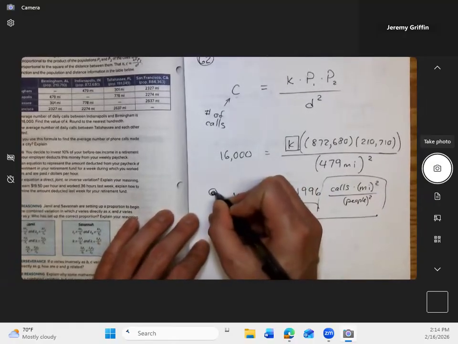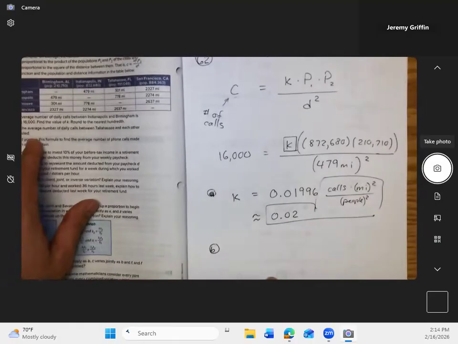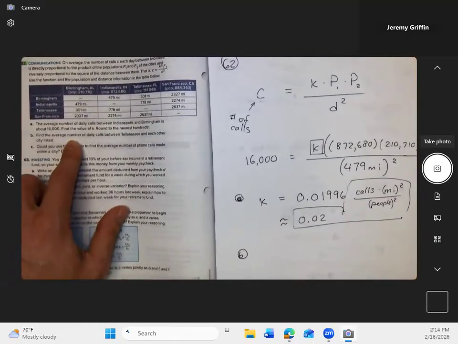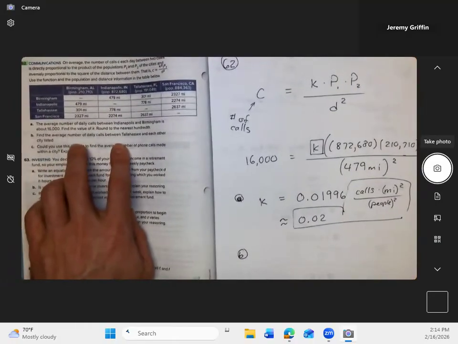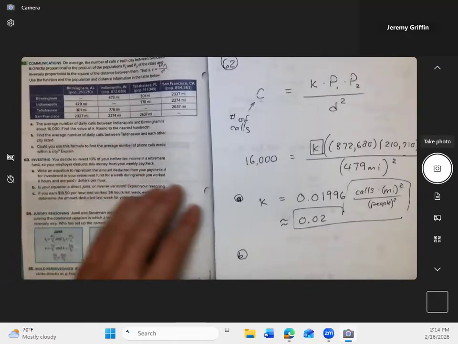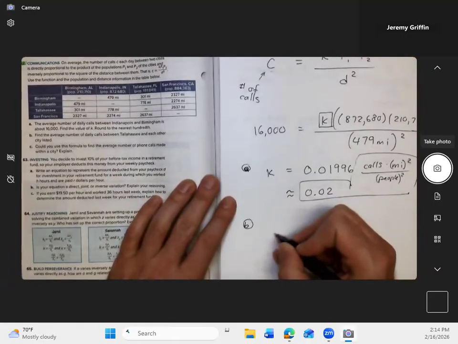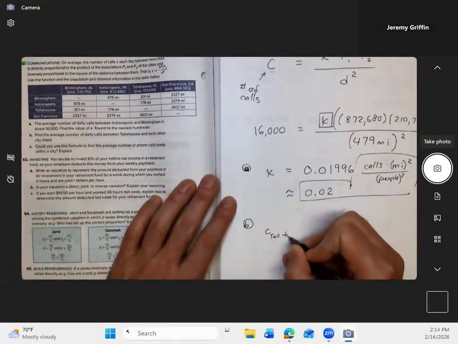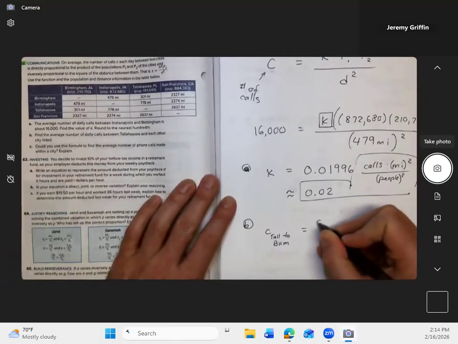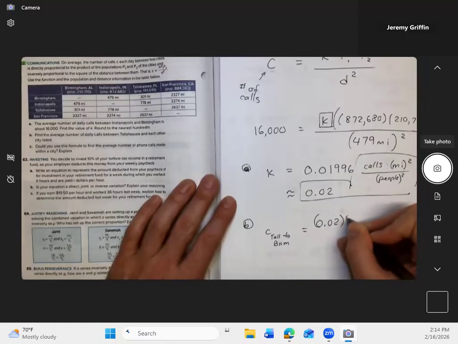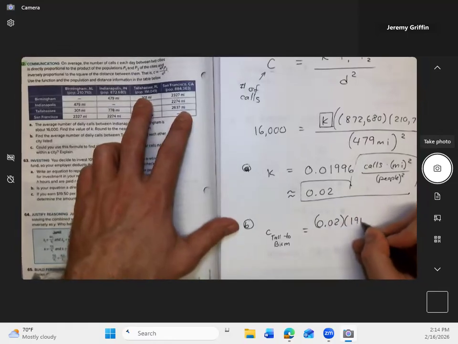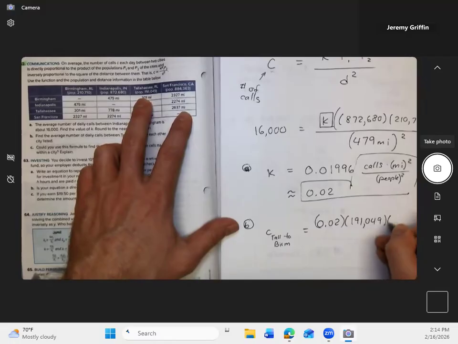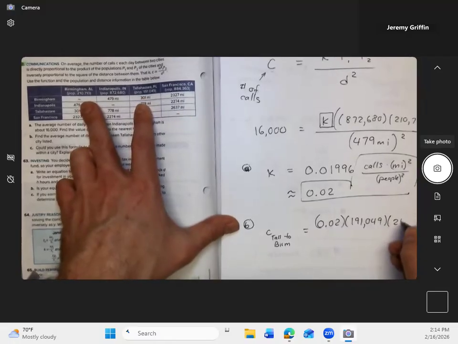Question B says, find the average number of daily calls between Tallahassee and each other city listed. Okay, we did it. All right, so number of calls. Let's go Tallahassee to Birmingham. We'll start with that. So 0.02. The population of Tallahassee is 191,000. Population of Birmingham is 210,000.